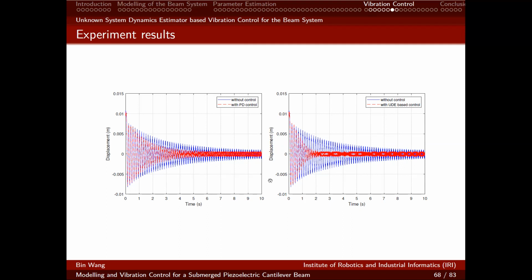We can see both the controllers can suppress the vibration somehow, but the proposed USD has a better control performance because it can stabilize the beam within 2 seconds, while the PD control uses around 5 seconds to suppress the vibration.